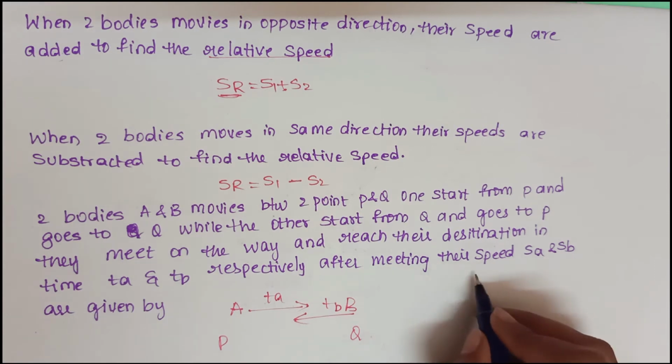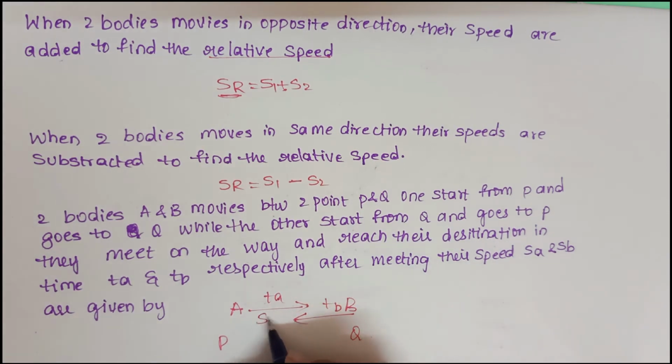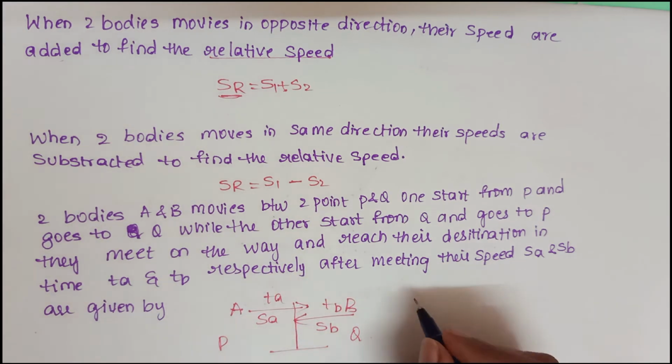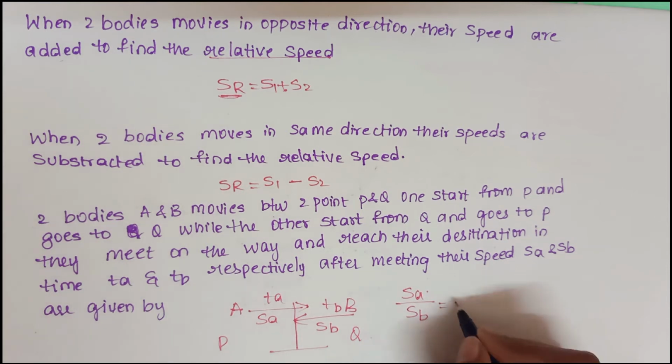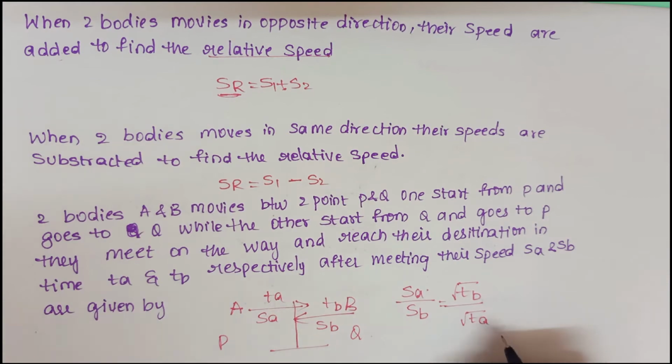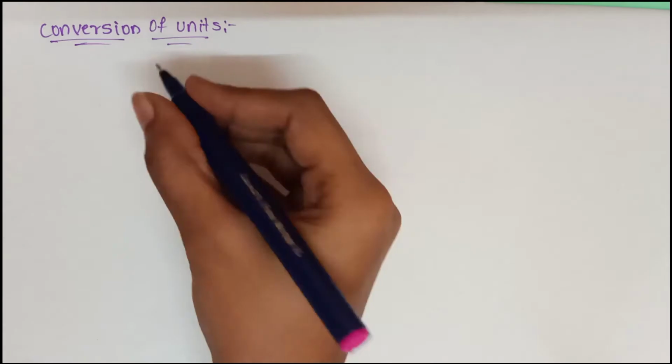Their speeds are SA and SB. So they meet at one point. Whenever they give in this form, we should use this formula: SA by SB is equal to root of TB by root of TA.